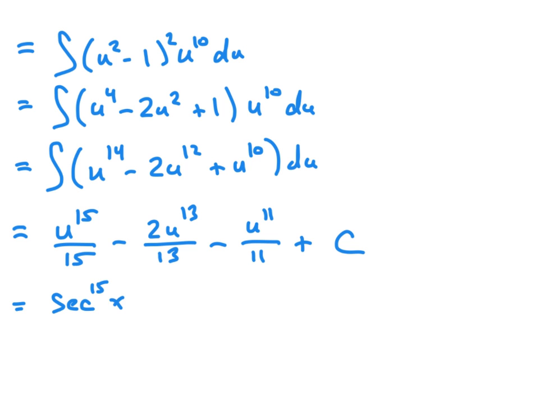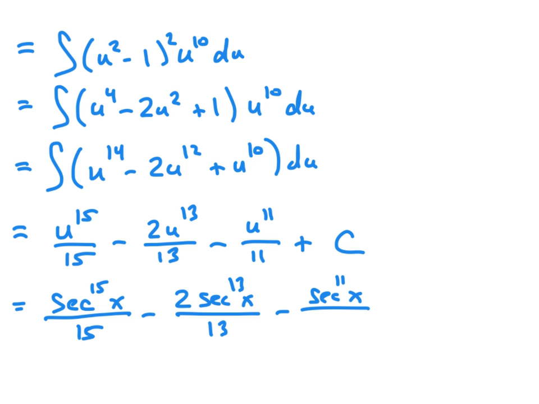So here we get secant of x to the 15th power over 15 minus 2 times secant of x to the 13th power over 13 plus secant of x to the 11th power over 11, all plus c. And this is our antiderivative of tangent to the 5th of x, secant to the 11th x.